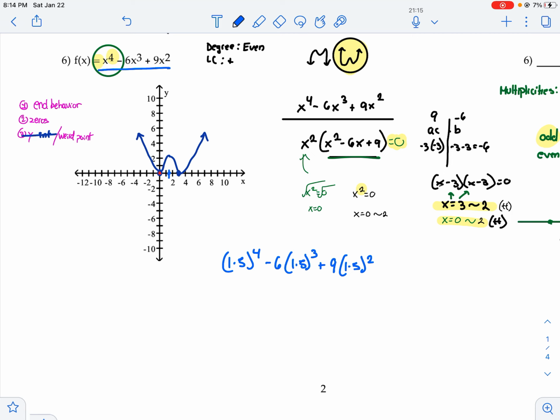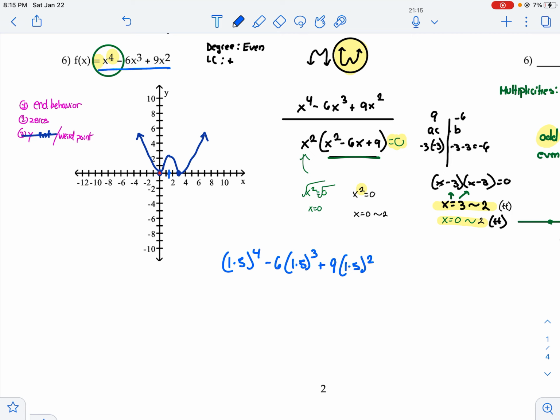Okay, so I'm going to put it in the calculator. 1.5 to the power of 4 is equal to 5.0625. You should follow along with me for this. And minus 6 times 1.5 to the power of 3, which is equal to negative 15 point something.